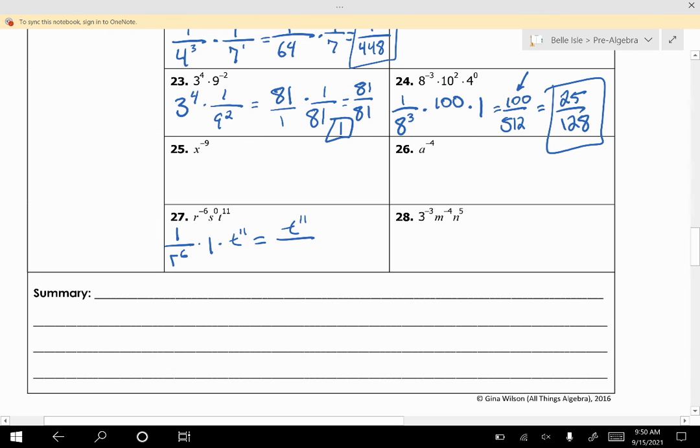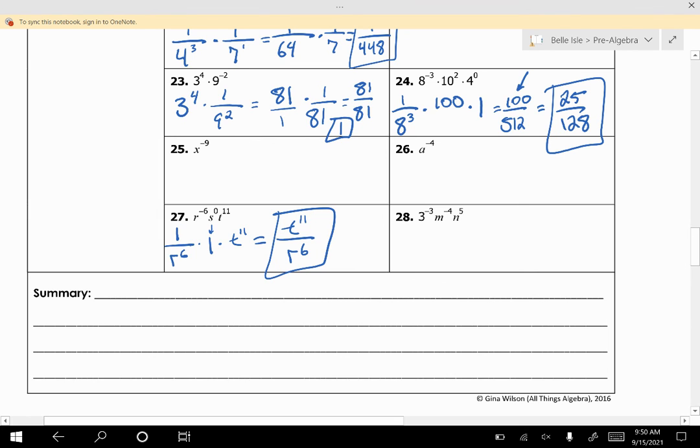Okay, so you had 1 times t to the 11th over r to the 6th. Okay, where did I get the 1? From the s to the 0 power. Okay, then you're just multiplying across once you get all these done.